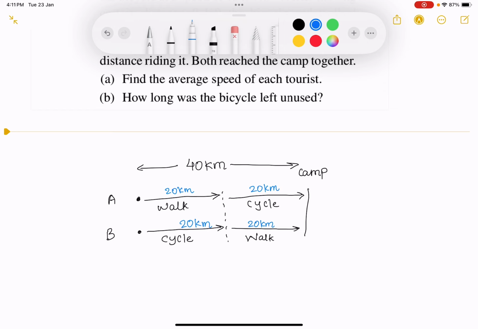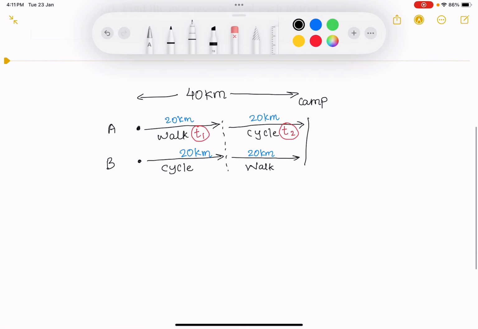Now let's say that for A, the time taken for the walking part is T1 and the time taken for the cycling part is T2. We can very easily calculate both T1 and T2 with the simple formula: time is equal to distance divided by speed.